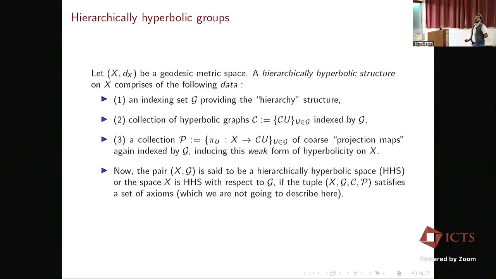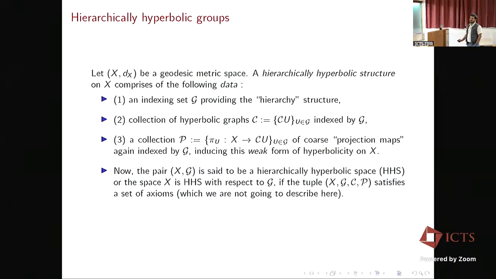I will not go into the definition; there are a lot of things in it. Essentially, it has an indexing set, which we are calling the hierarchy, and a collection of hyperbolic graphs indexed by this hierarchy set, and a certain collection of projection maps.